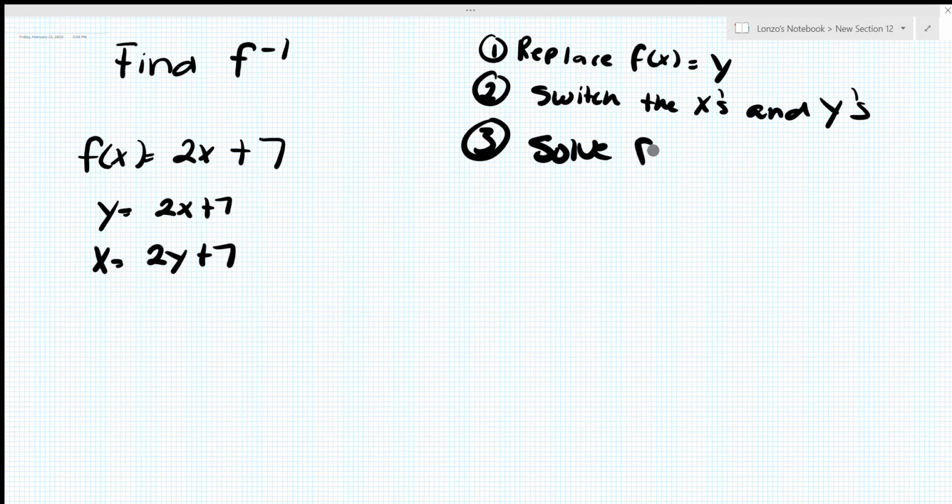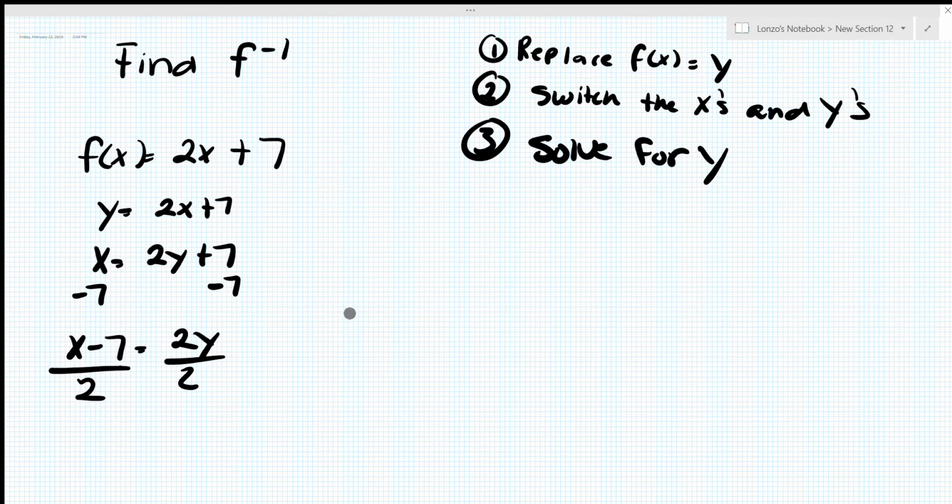So I'm going to solve for y. I want to move this 7 to the left, so I'm going to subtract 7. So we get x minus 7 equals 2y. And then divide everything by 2. So we get y equals x minus 7 over 2.